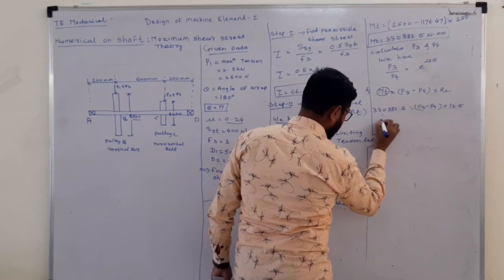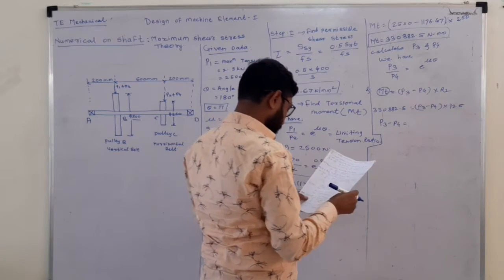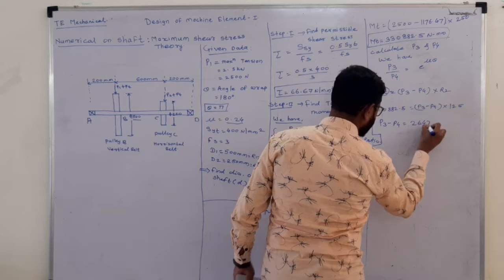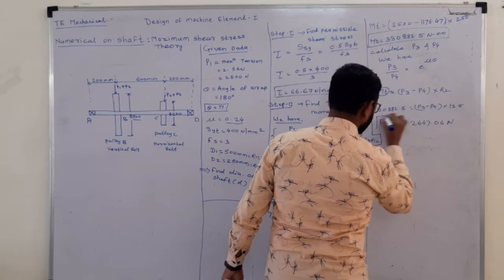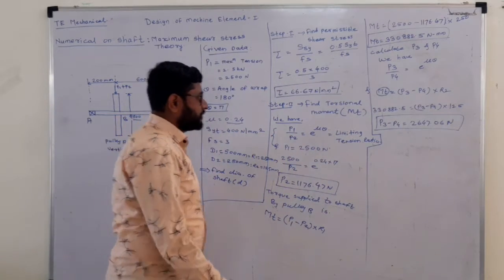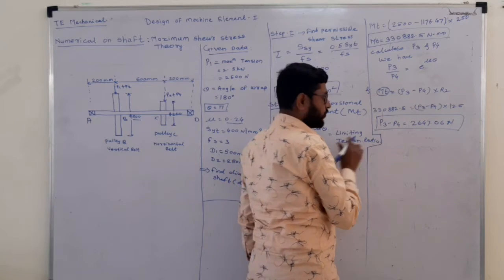So by calculation you will get the equation P3 minus P4 is equal to 2647.06 Newton. So students, up till now we get the relation for P3 and P4.